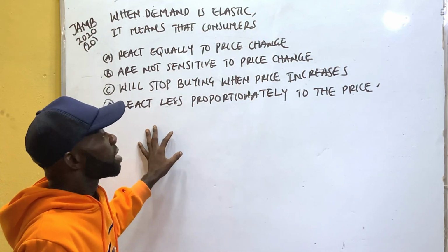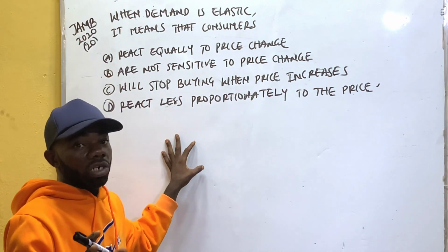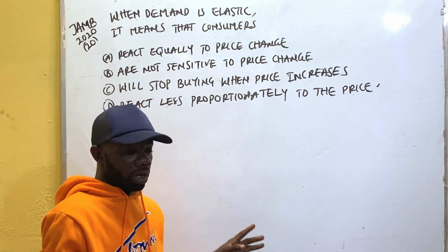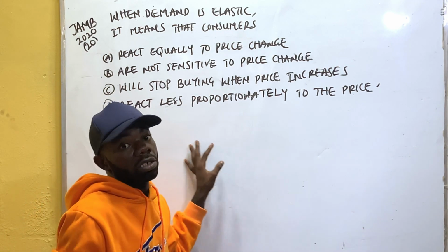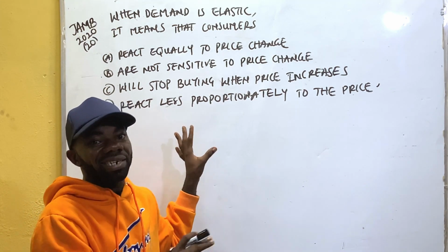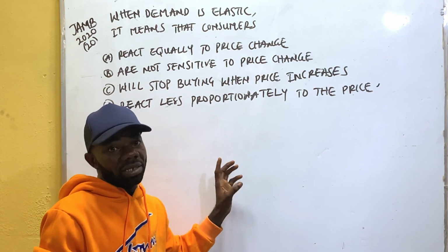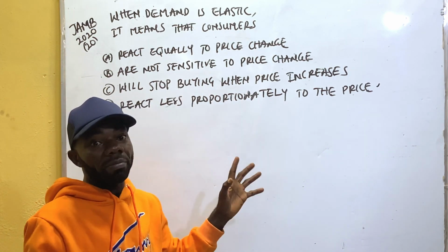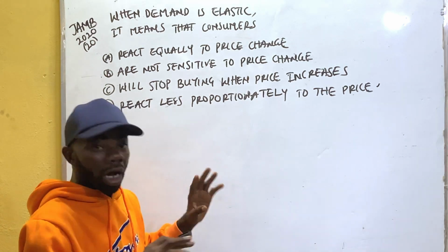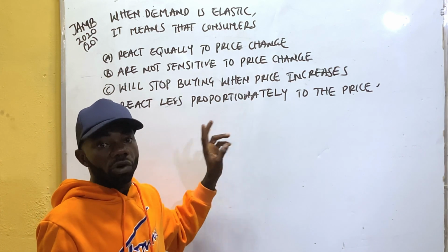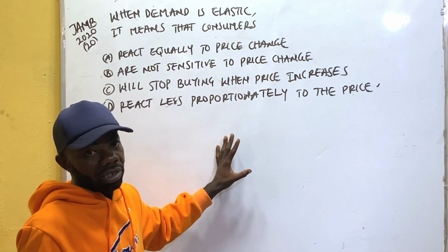Now, I want students watching this to give me all the concentration, because this question is not just tricky, it's technical. It's technical because if you do not understand price elasticity of demand, you will not get this question correctly, even if you come across it 10 times.